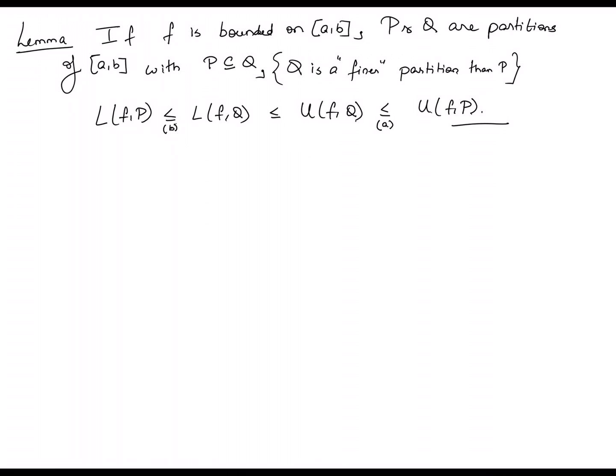Right? So as you make your partitions finer and finer, the lower sums keep increasing, the upper sums keep decreasing, and integrability occurs when in fact the supremum of the lower sums will match the infimum of the upper sums, right? But we haven't gotten there yet. The key point of the inequalities A and B is that they move the upper and the lower sums in opposite directions, right? So when you make a partition finer, the lower sum increases, the upper sum decreases.